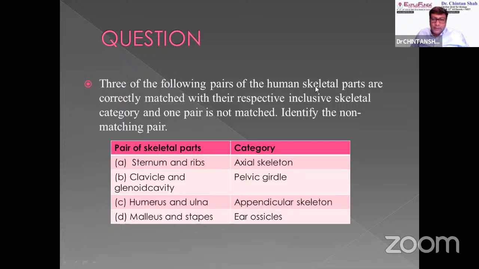Three of the following pairs of the human skeletal parts are correctly matched with the respective inclusive skeletal category, and one pair is not matched. Identify the non matched pair. I think, is this 31?